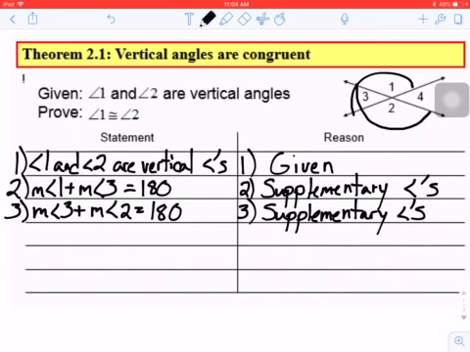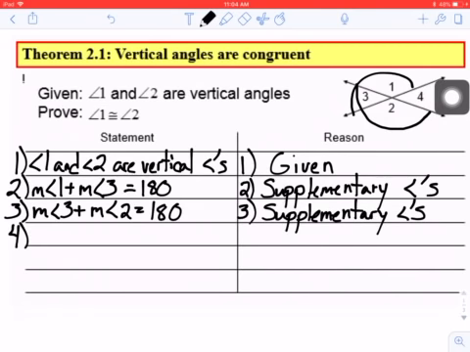Alrighty then. So I know now that the measures of angle 1 and 3 add up to 180. The measures of 3 and 2 add up to 180. And so I get to use now my favorite property of all, where if I have this equals that and that equals that thing over there, then this and that thing over there must also be equal.